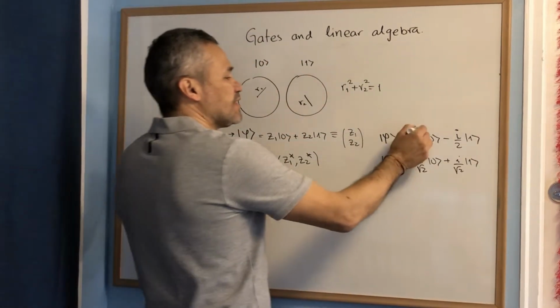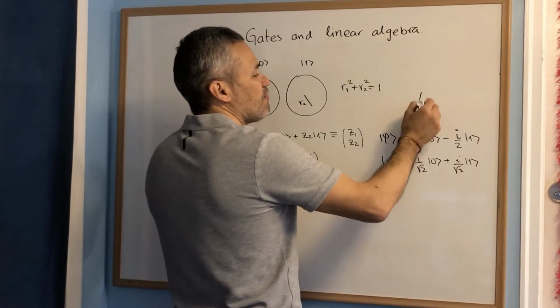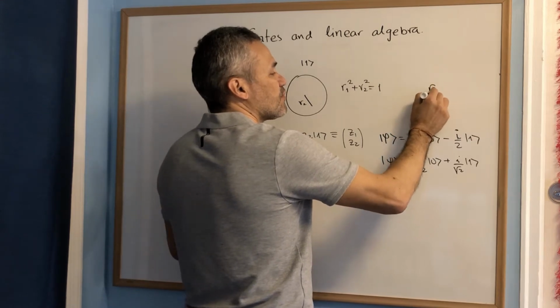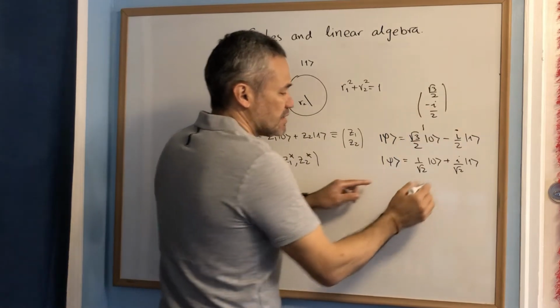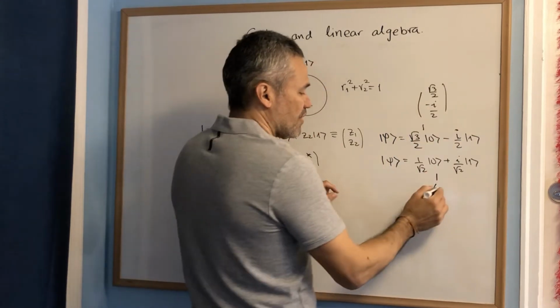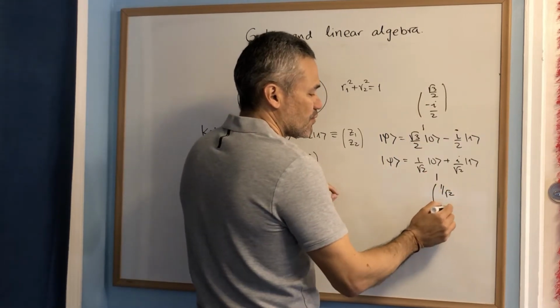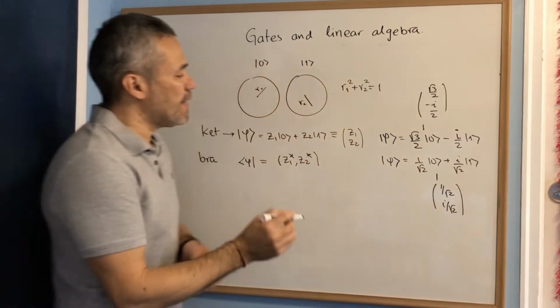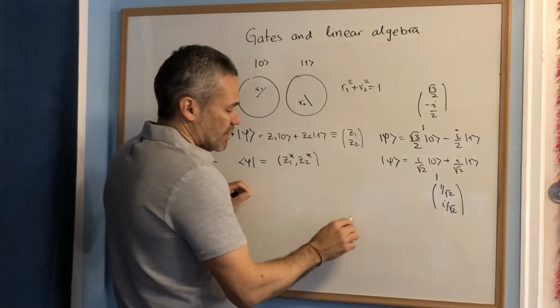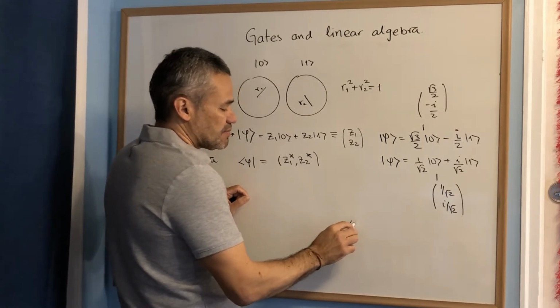Then we have that this is the column vector square root of 3 over 2, negative I over 2, and this is also equal to the column vector 1 over the square root of 2 and I over the square root of 2. And then we can do, for example, the product of this bra.